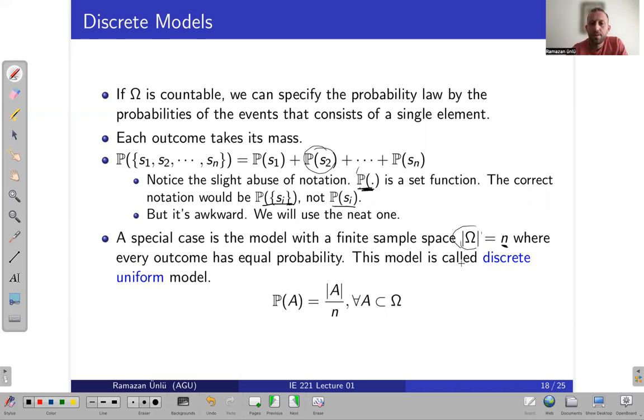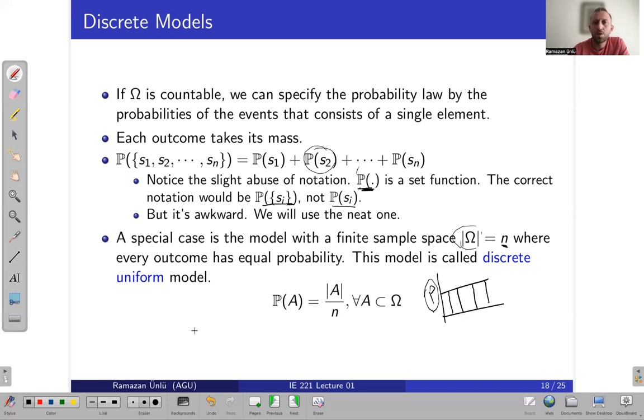Uniform means that each outcome is equally likely. If I graph that, it is something like that: each element has the same probability.